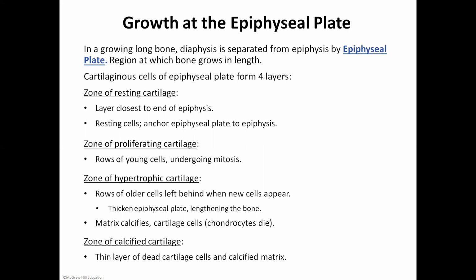Then you have a hypertrophic zone, and this is where the cells actually get bigger. They start to kind of calcify, and those chondrocytes start to break down. Then finally, in this calcified cartilage, it's a thin layer of dead cartilage and calcified matrix that allows for those osteoblasts to be able to go in and start actually forming bone.